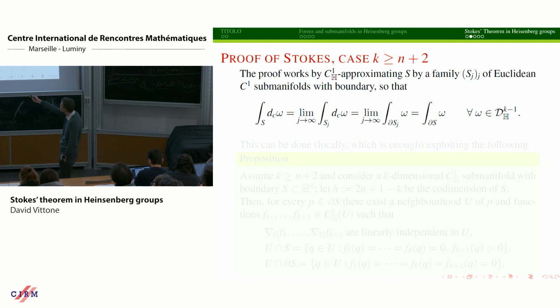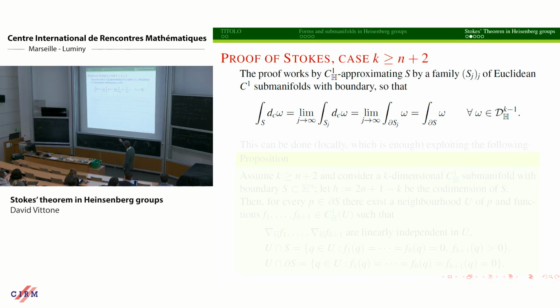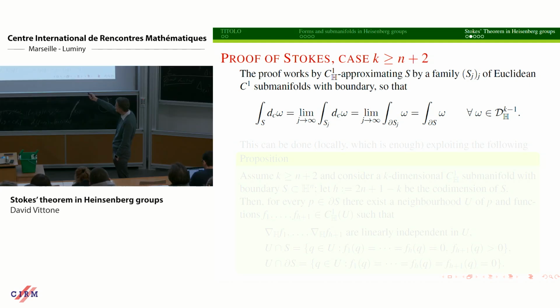easy computations, right? So we start from the integral on S of the derivative of omega, the exterior derivative. We can see it as a limit of the integral of the same form on Sj, on the approximating sequence. This is because the tangents to Sj are converging to the tangent of S, right?